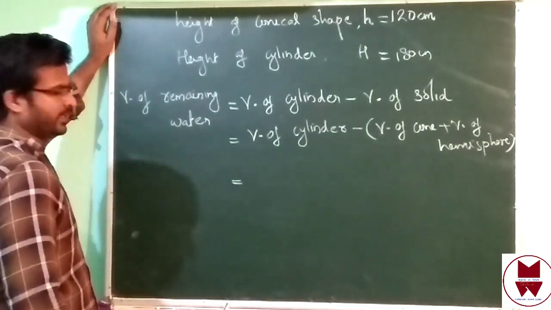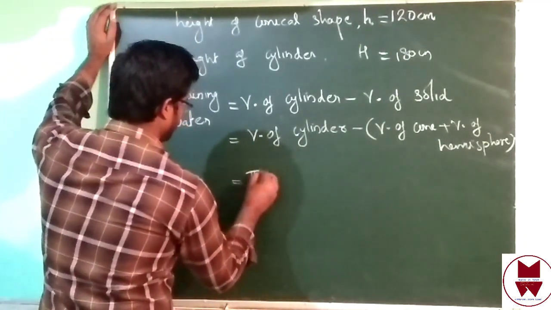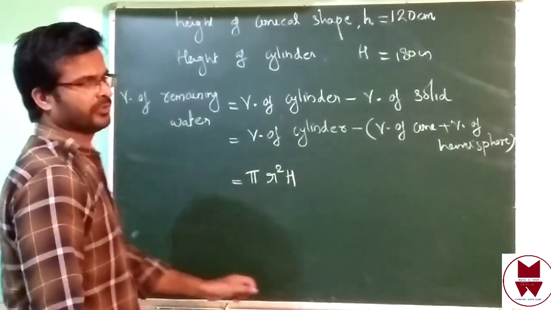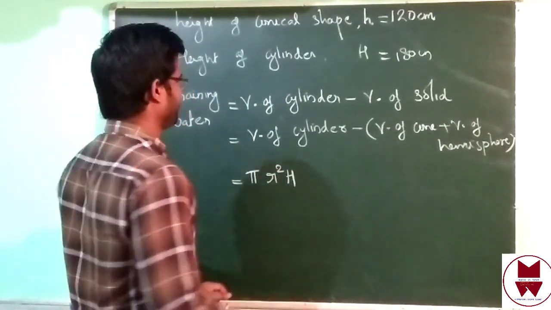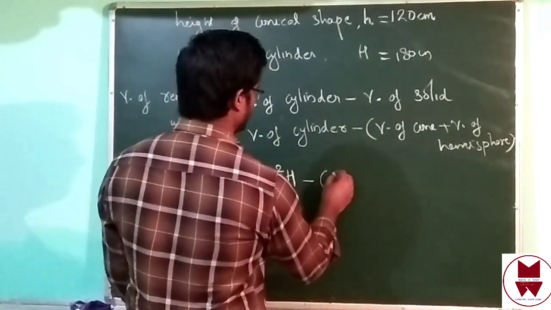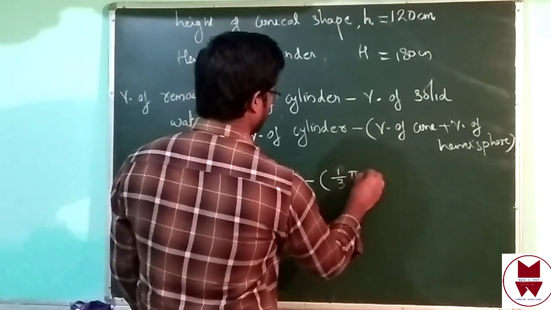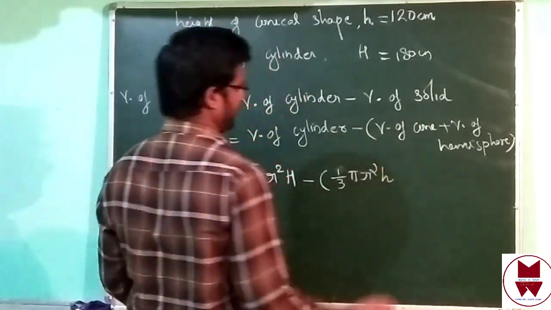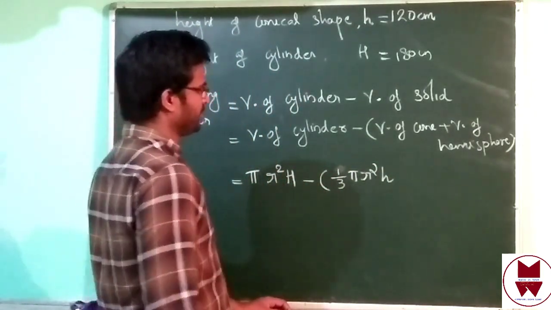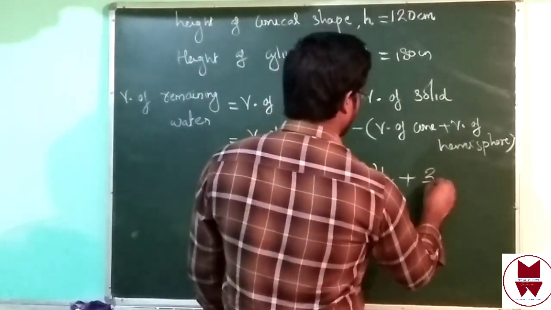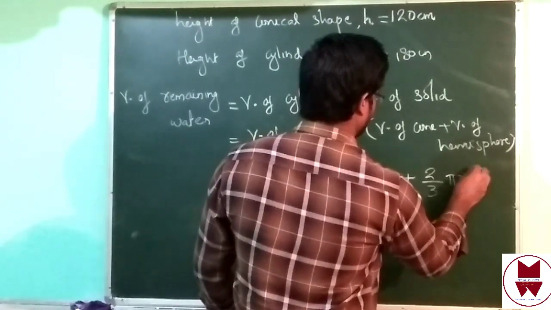The volume of cylinder is pi r square capital H, because height of cylinder we took capital H, minus volume of cone is 1 by 3 pi r square small h. Height of cone is small h. Then volume of hemisphere is 2 by 3 pi r cube.